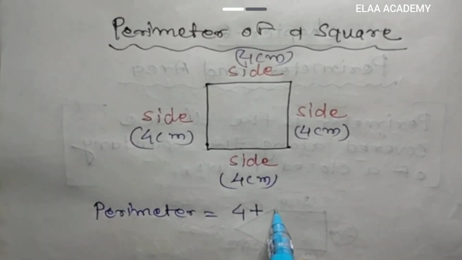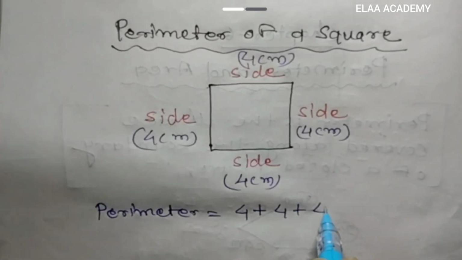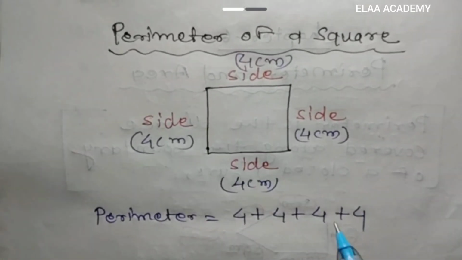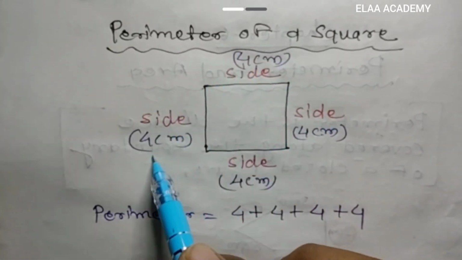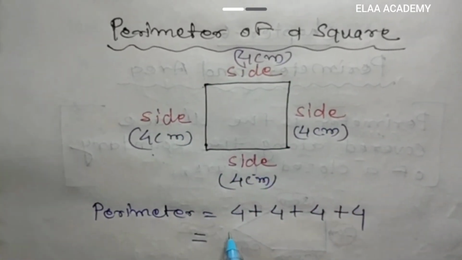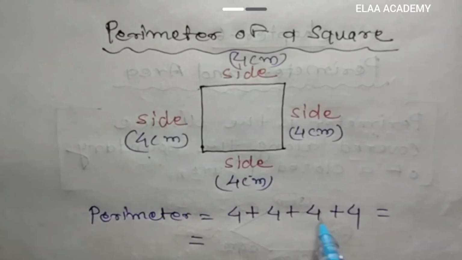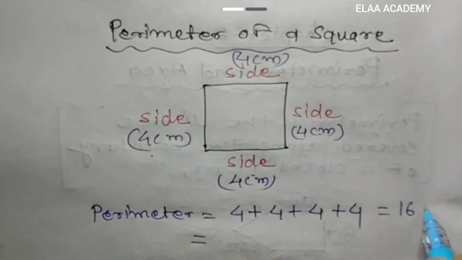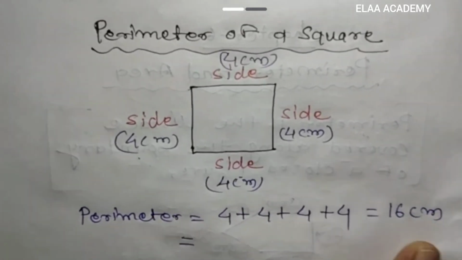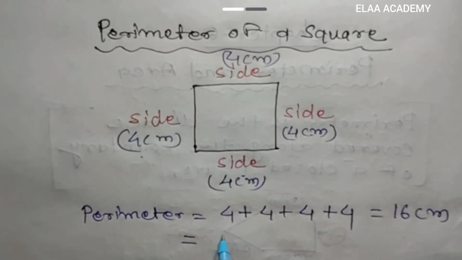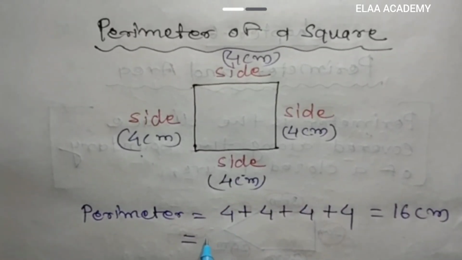Perimeter is equal to 4 plus 4 plus 4 plus 4, which will be 16 centimeter.